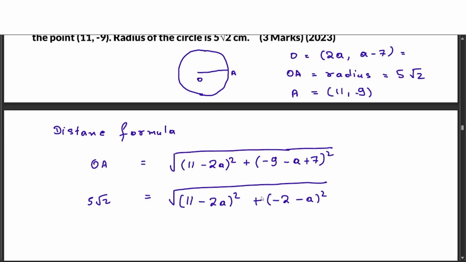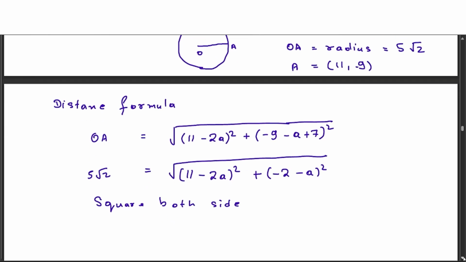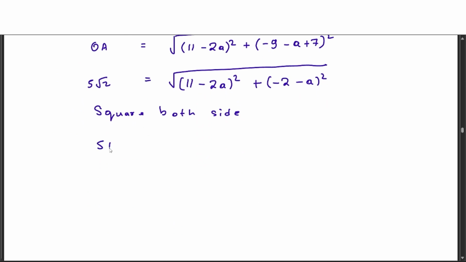Now we can square both sides. So 5 root 2 whole square is equal to, and square root and square cancel, so the square root will be removed, (11 minus 2a) whole square plus (minus 2 minus a) whole square.